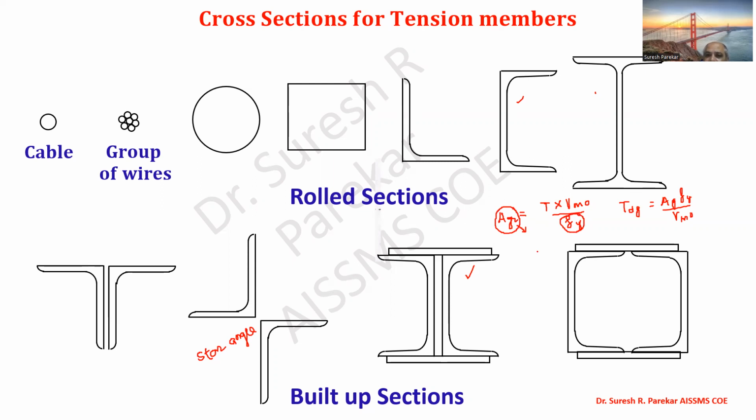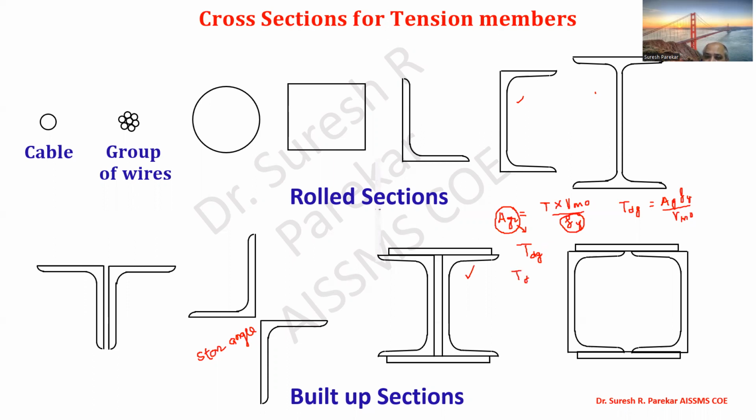Now if we go to the second part, we have different Tdg, which is in 6.2, that is yielding of cross section, or tensile strength of section by yielding of cross section, and we have Ag Fy upon gamma m0. I will not go in detail.